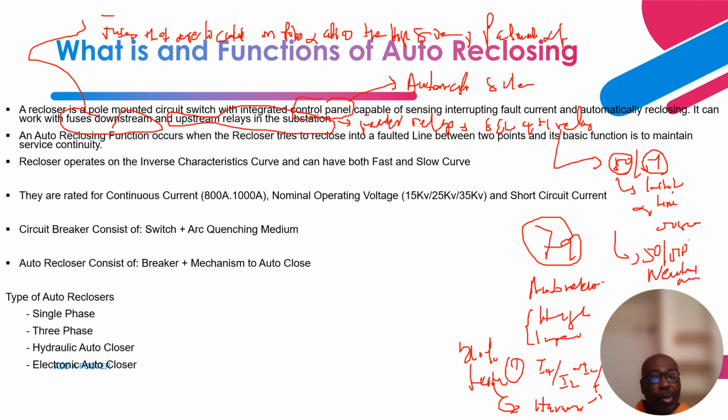That is when the auto recloser initiates its open and close sequence, based on how you program it, to maintain service continuity. Because in normal circumstances, if you don't have an auto reclosing function and you have a feeder breaker that feeds these radial lines, and there should be a transient, temporary fault which trips the breaker, then you're going to lose the whole feeder, and the customers on that feeder, let's say 300 to 500 customers, are going to be without power.